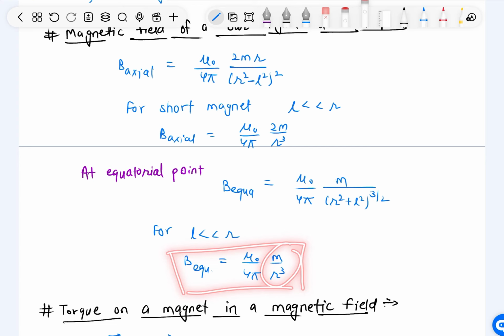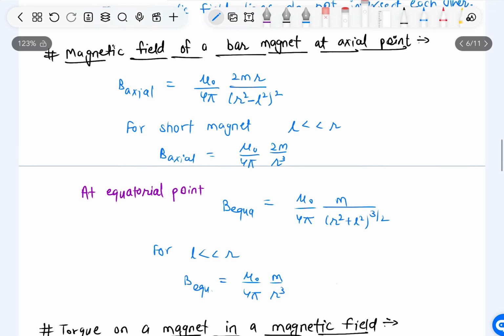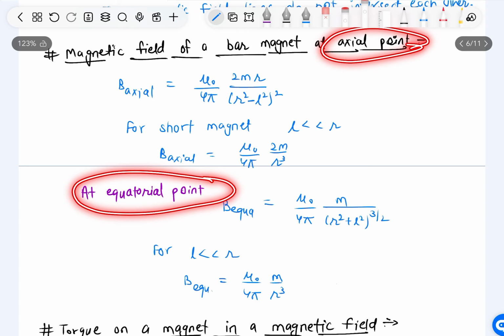So we can say that at the equatorial point, the magnetic field is half of that at the axial point. So this is the formula for the magnetic field at the axial point and at the equatorial point.